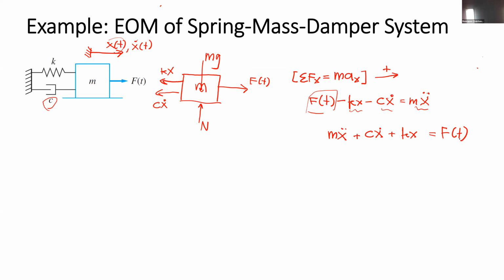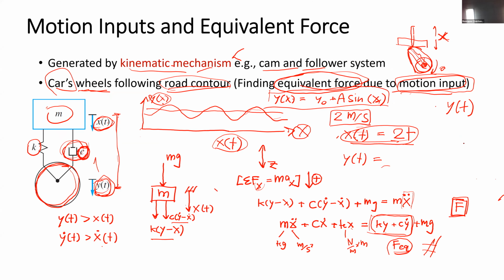Now we can relate the motion described by the generalized coordinate as a function of the input force. Or in the previous example, the motion as a function of the input motion.